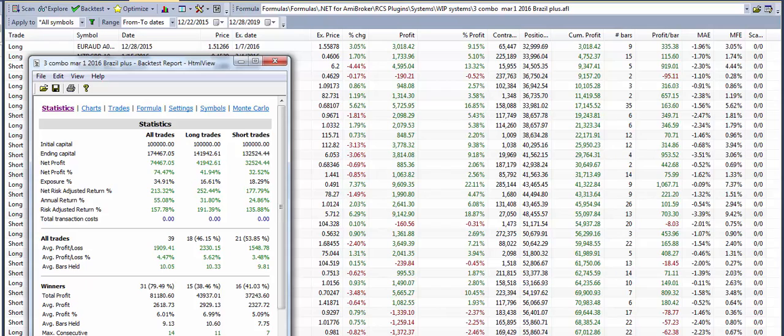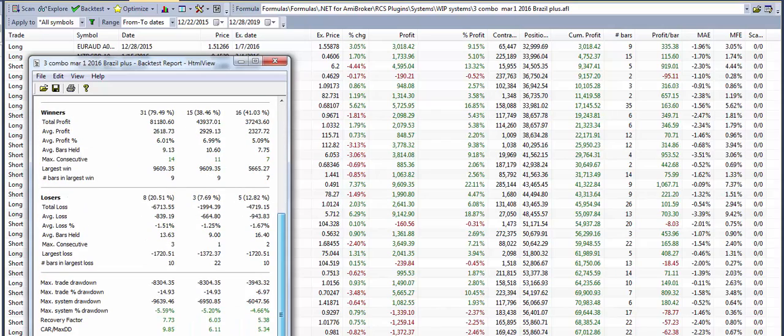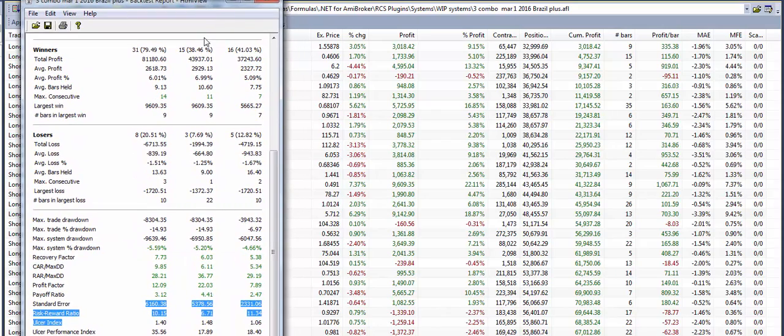Okay, and it'll have all kinds of interesting facts: annual return, net risk adjusted return, and all this kind of stuff. And this is what's called the objective function. The idea is that people can then look at a system and make a determination as to whether or not it's one they want to use, or have some of these things as goals along the way.